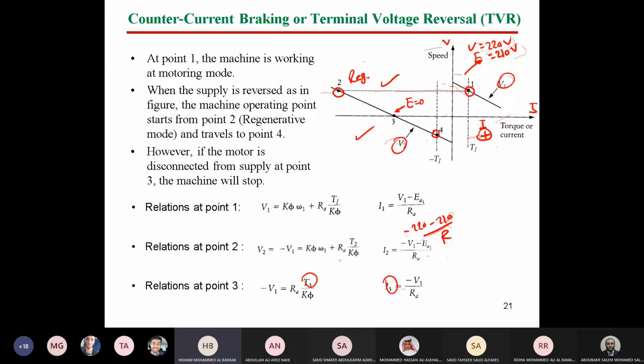So I know this is my mistake. Okay, thank you, Dr. So according to the signs of the four quadrants, motor operation or reverse motoring, both will have a positive sign of current, which is quadrants number 1 and 4. And for regenerative braking or reverse motor, the current will be negative.